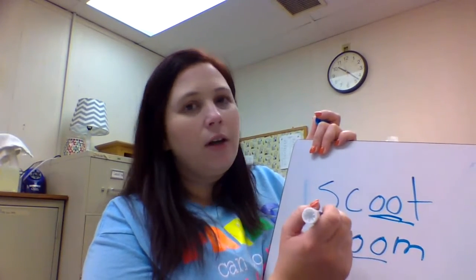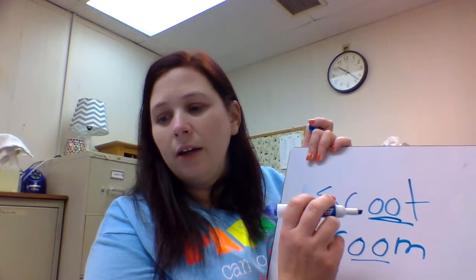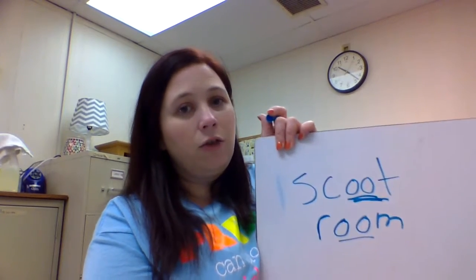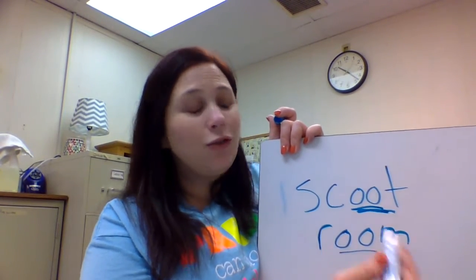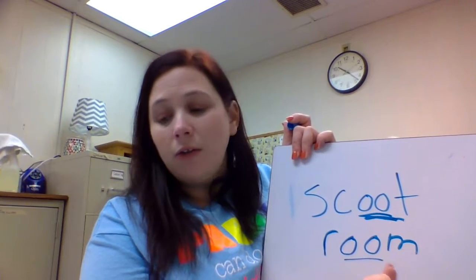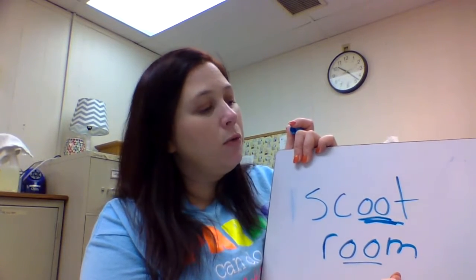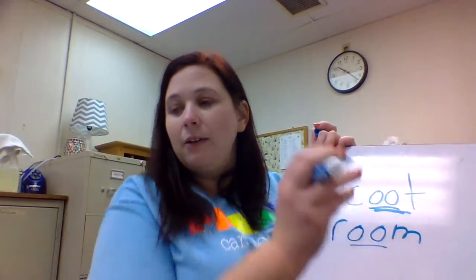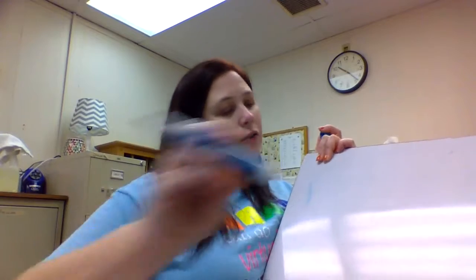That's a little different than the sound we heard in hook and wood. Do you see what letters we're looking at? It's still two O's. So this digraph can make two sounds. When we're looking at words that have two O's, we have to try out both and see which one makes sense. So let's look at a word we all know.